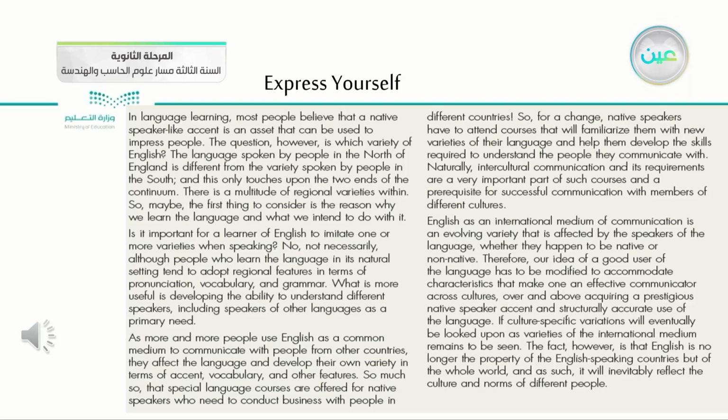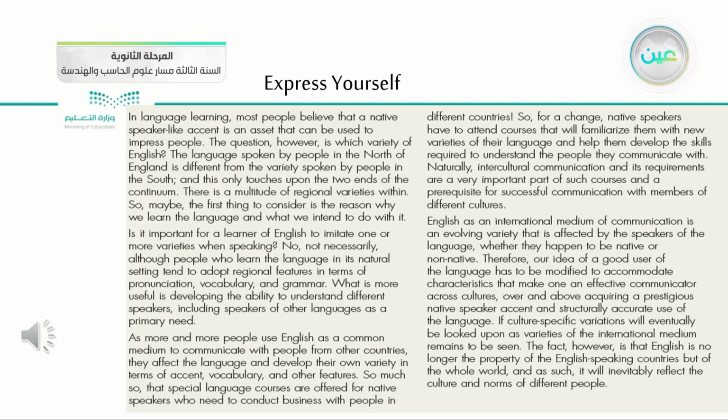So, maybe the first thing to consider is the reason why we learn the language and what we intend to do with it. Is it important for a learner of English to imitate one or more varieties when speaking? No, not necessarily, although people who learn the language in its natural setting tend to adopt regional features in terms of pronunciation, vocabulary, and grammar.